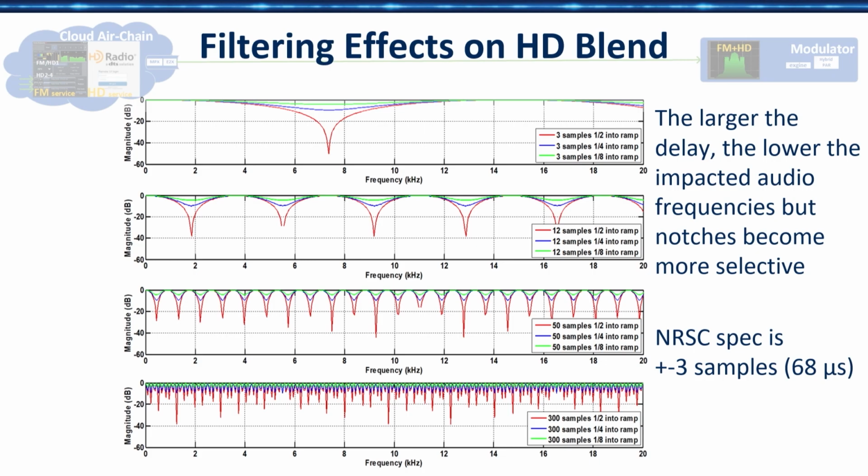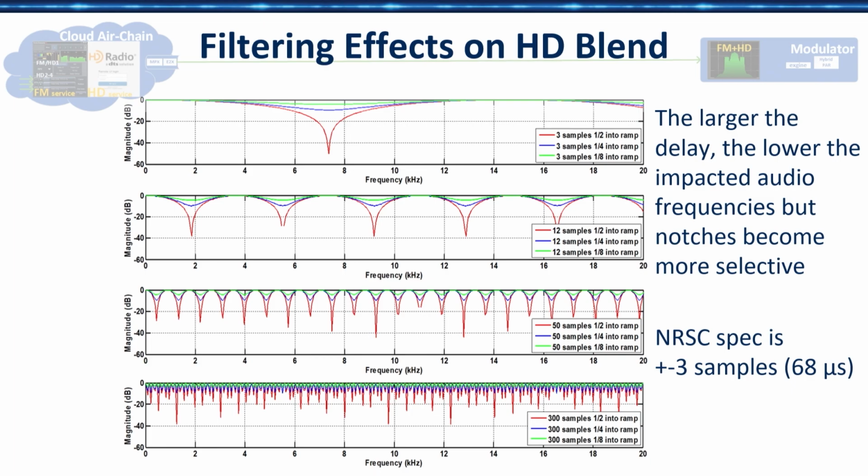So what I've plotted is the frequency response depending on how far the delay is off. In the top picture, the delay is off by 3 samples, and it doesn't matter if the HD leads or lags the FM. 3 audio samples, that's 68 microseconds. That's a pretty tough spec to meet.